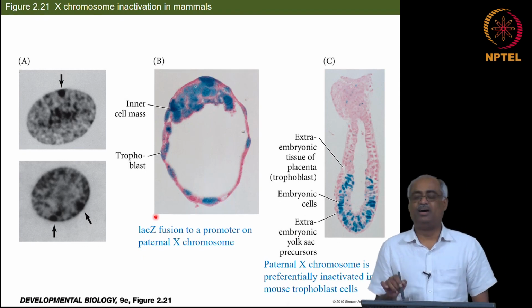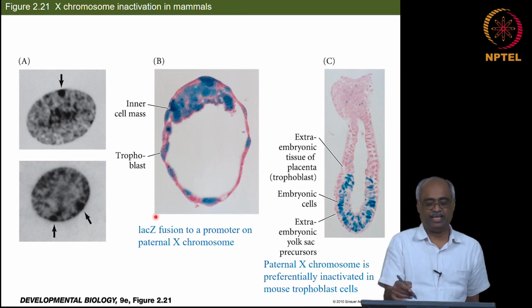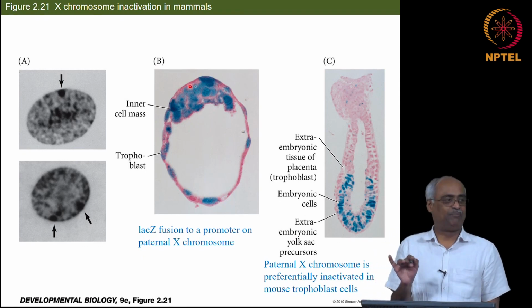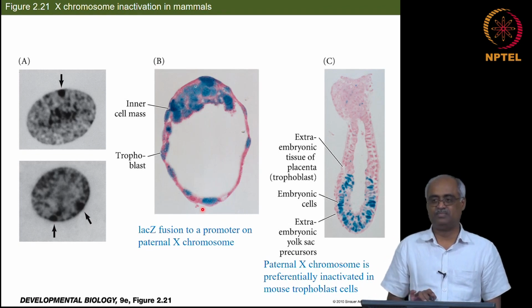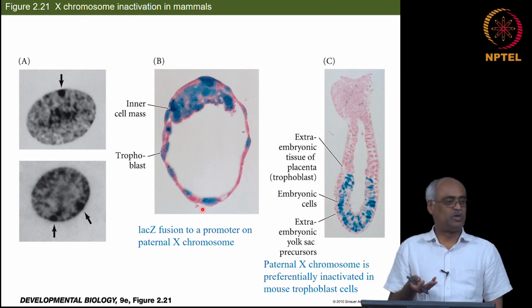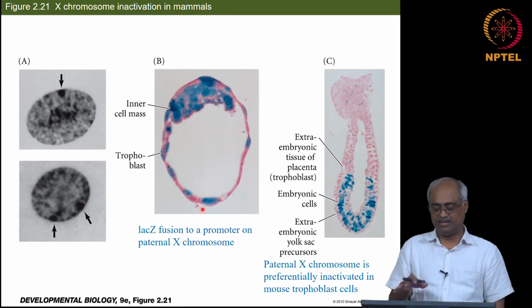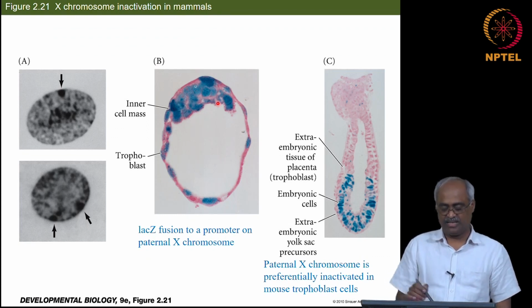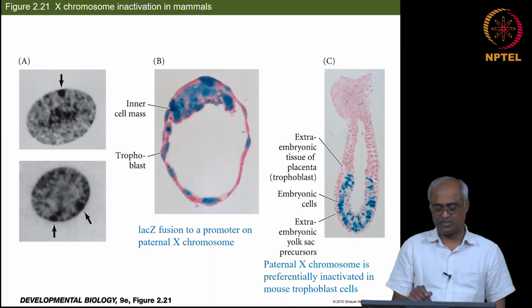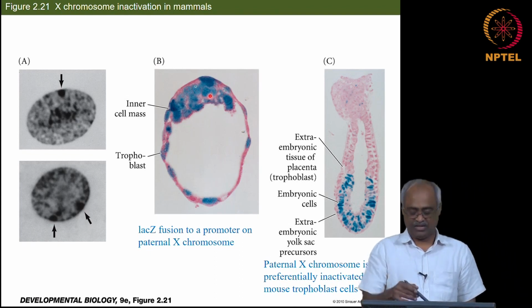Otherwise, there will be no LacZ, and therefore this blue color will not happen. So, the pink cells are simply where the paternal X chromosome is not expressing, it is not working. This is very early, and you see most of the cells having this color. This is the inner cell mass from which the entire embryo develops.